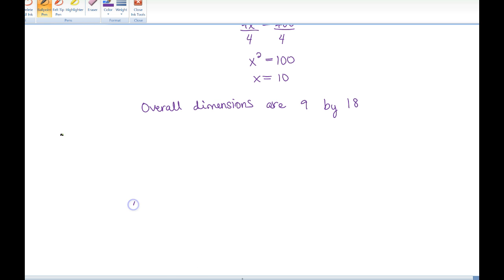Okay, number 15. Two sides of a triangle have lengths A and B, and the angle between them is theta. What value of theta will maximize the triangle's area?